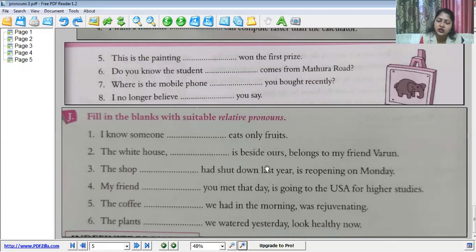Okay, children, so we are done. I'll stop sharing the screen. So we are done with three kinds of pronouns today. We learned about relative pronouns, reflexive pronouns, and emphatic.